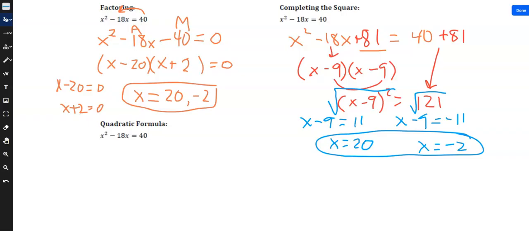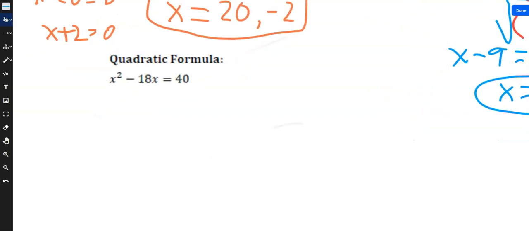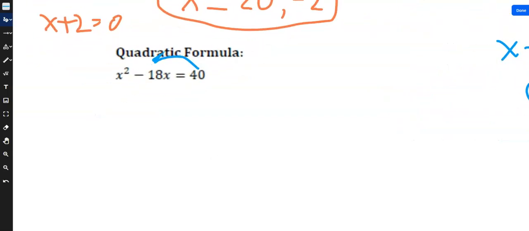Now, not everything factors, by the way, folks. You can complete the square with everything, and since the quadratic formula comes from completing the square, you can use the quadratic formula on anything, but you can't factor everything. That doesn't always work.